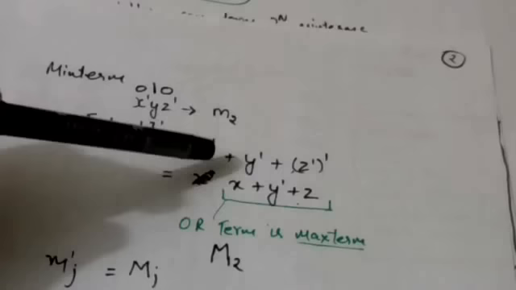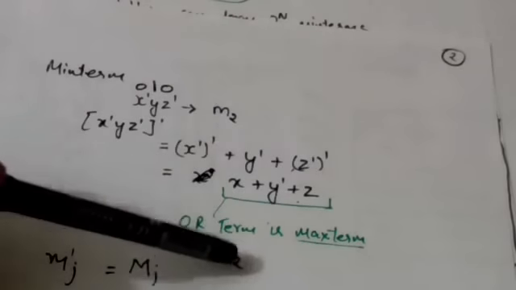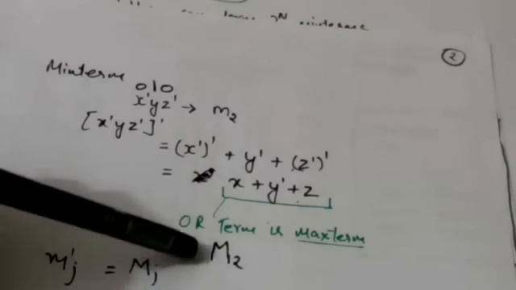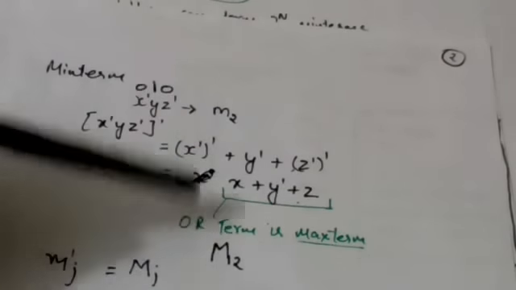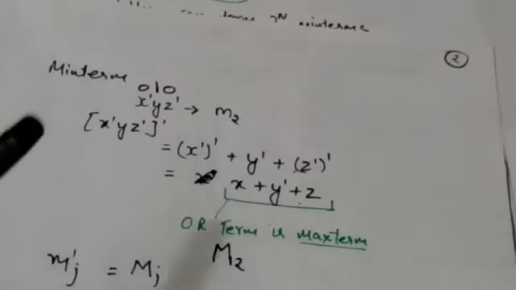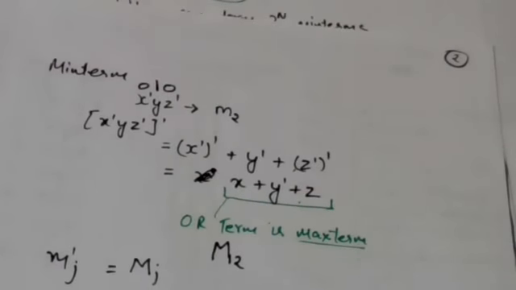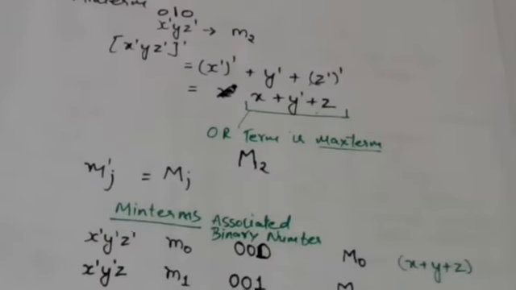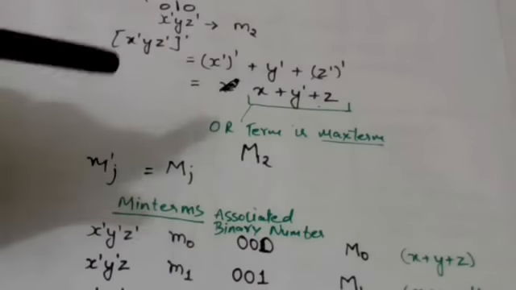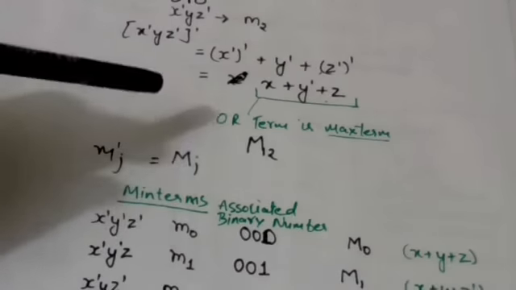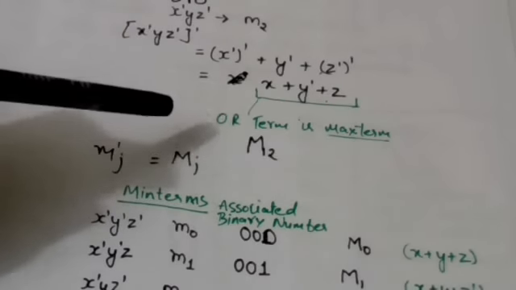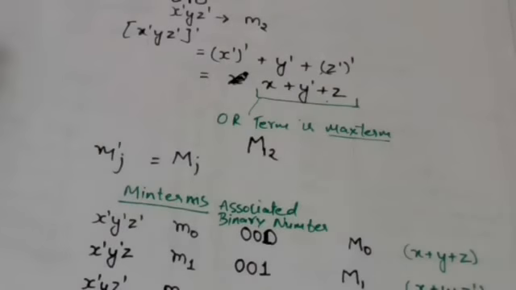So therefore the subscript of this capital M, which denotes the maxterm, will also be 2. Now the complement of a minterm of subscript j will be a maxterm of subscript j.